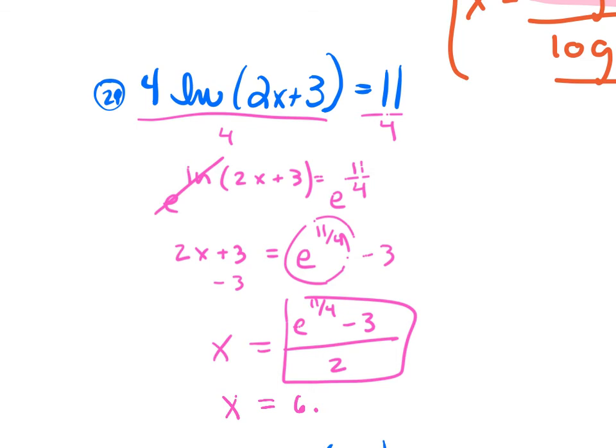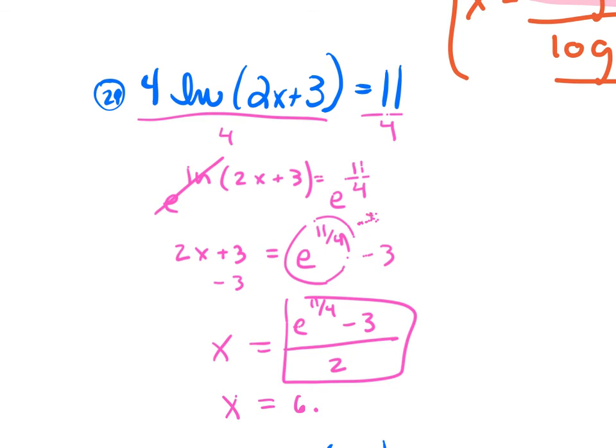So I would do 11 divided by 4 first, and then take e to the power of that, then subtract 3, then divide by 2. So I think e to the power of 11 over 4 is 15.642. Yeah.